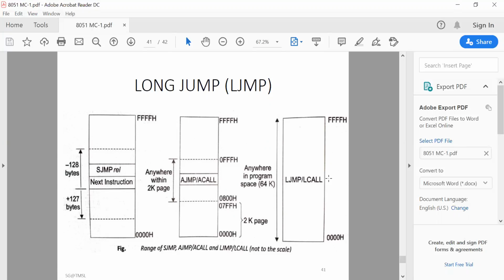Now the advantage of long jump, what is it? The ljump instruction's advantage is the address range. A huge address range is available.